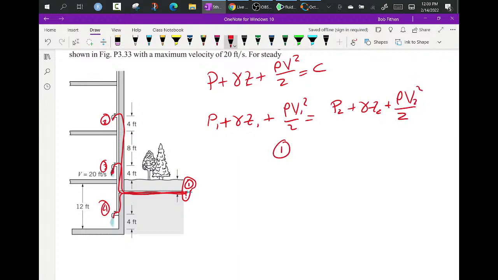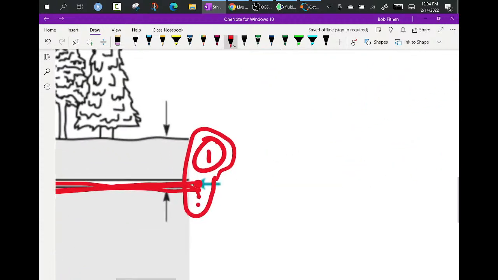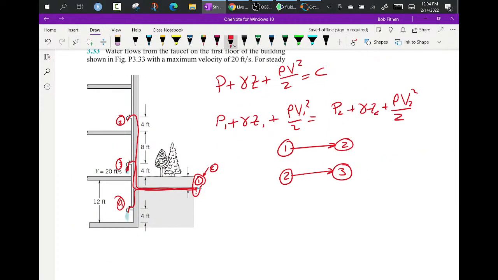So I can write between location 1 and location 2. Legally, I can't write between 2 and 3. But I can recognize that all of the constants originating here are all the same, and they all end up at either 2 or 3 or 4.